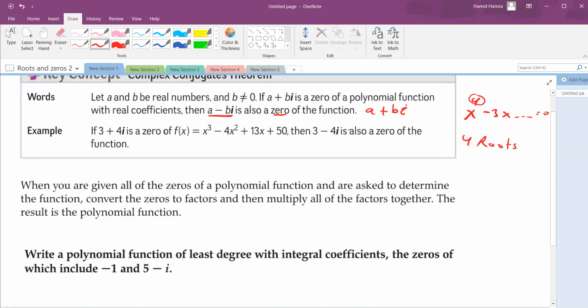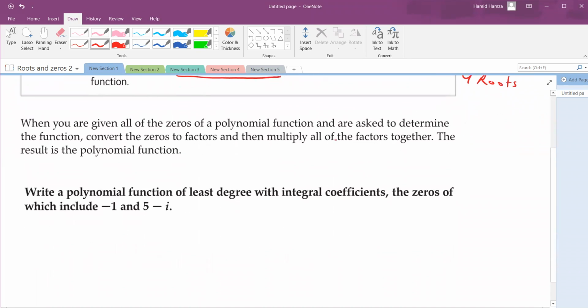So for example, if 3 plus 4i is a zero for this function, and this one is a complex number, then because this one is a zero, its conjugate is also a zero. So 3 minus 4i is a zero.